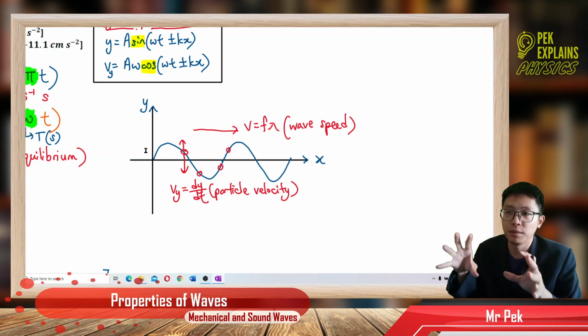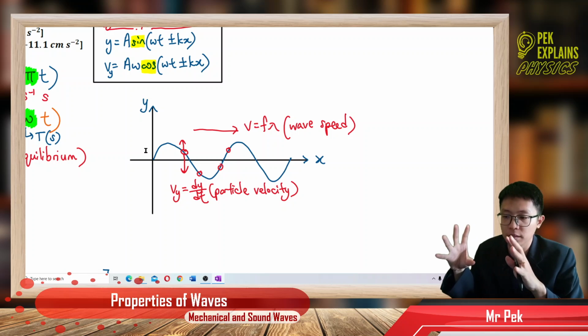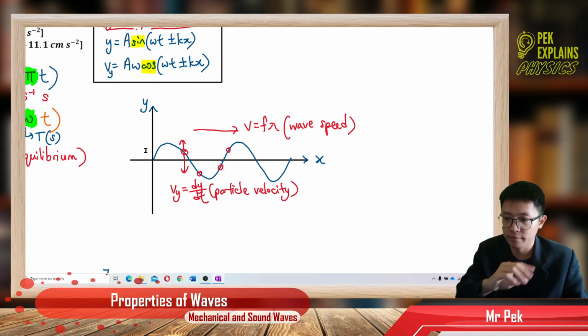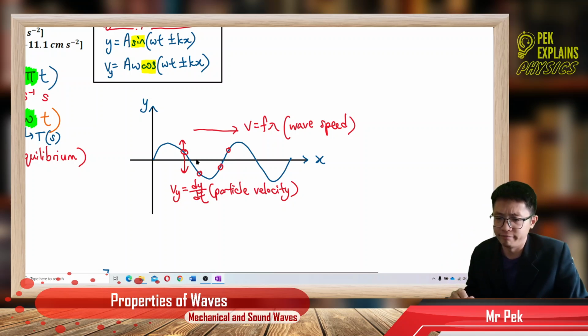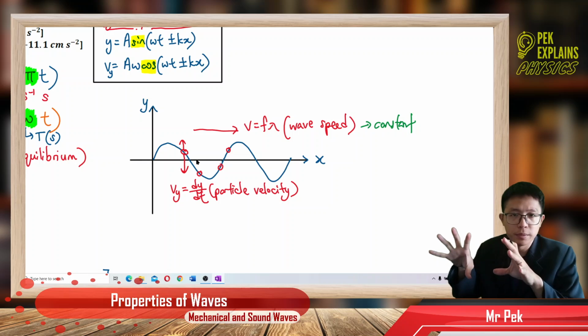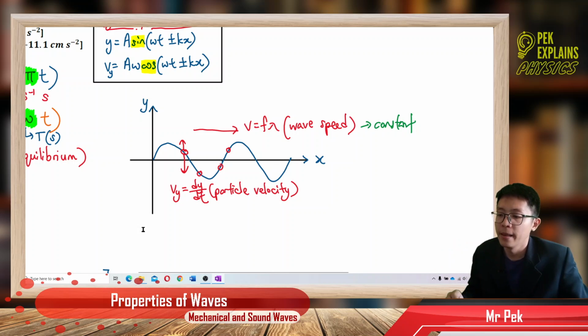That is the speed of wave propagation of the whole wave, how fast the wave propagates. And it is always constant. I just want to revise with you. The wave moves at constant speed.